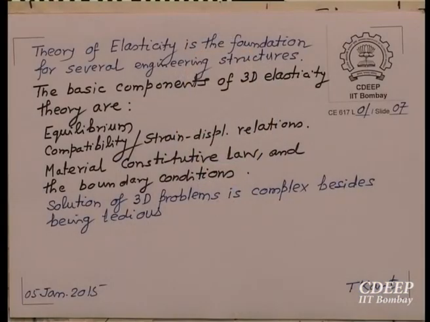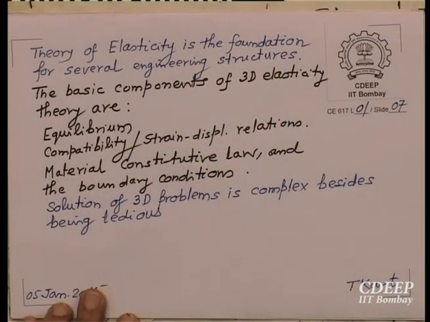We already know, I will just quickly go through this. Theory of elasticity is the foundation for all these courses. Without theory of elasticity you cannot learn either plate theory or shell theory or beam theory. Of course, beam theory is learned before because it is taken as a simple element and then introduced as an approximate solution, because all the elements that you come across in practice are simple ones.